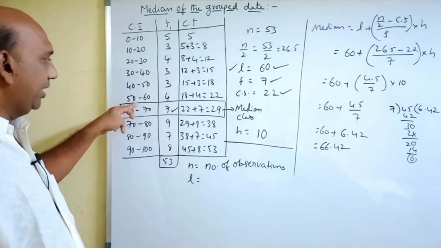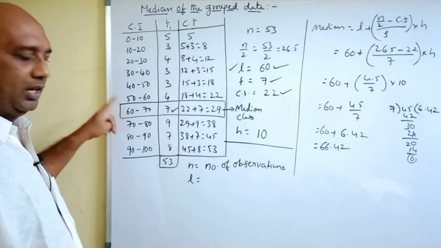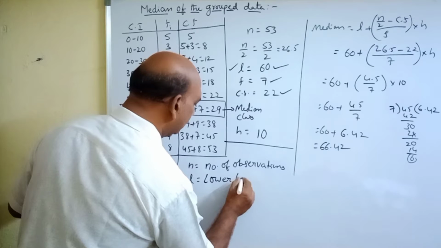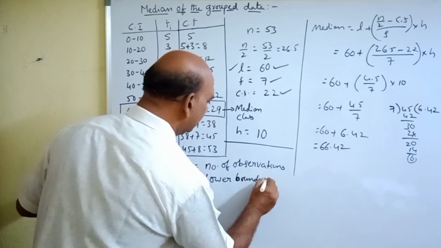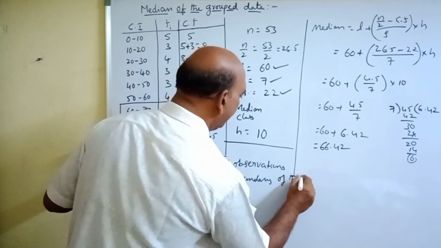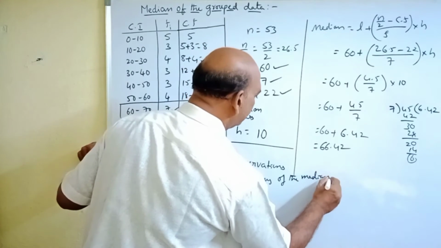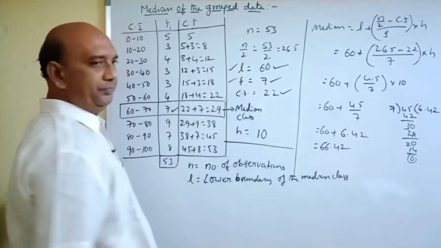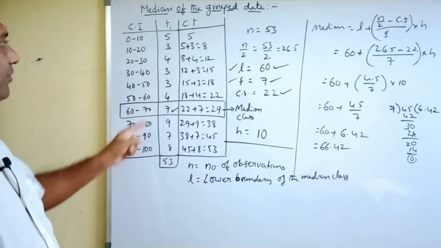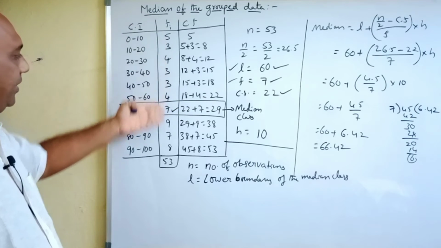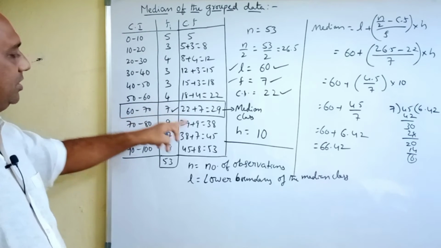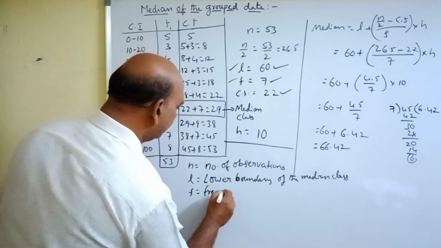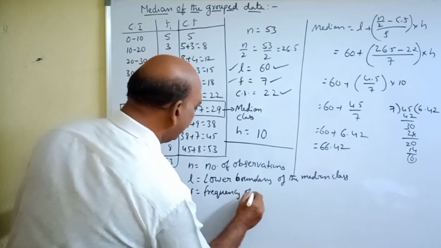This is the median class, and in the median class, the lower boundary is L. And next F. F is the frequency of the median class. These are all frequencies. So F is equal to the frequency of the median class.